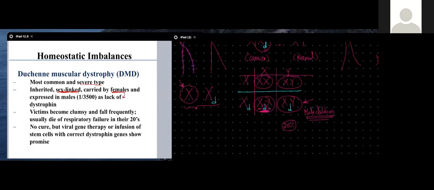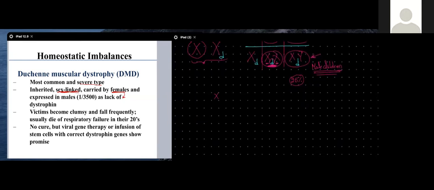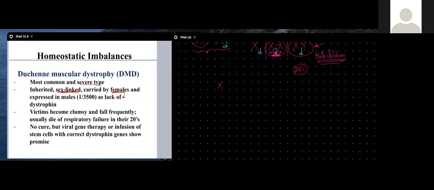Again, why it's very unlikely to see a female with the Duchenne muscle dystrophy, because males who carry the defective gene have the disease. And most of those males will die at an earlier age.